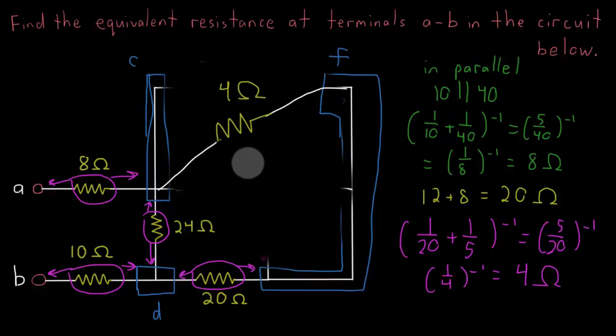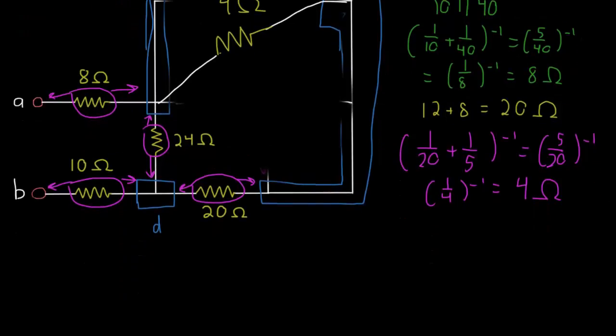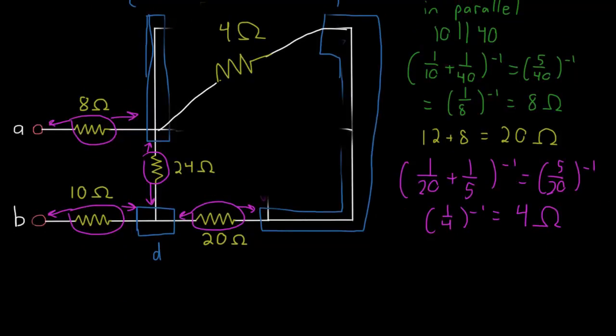Alright. And now we can do the same process and see whether there are any resistors in series or parallel. And we can actually see that this 4 ohm resistor shares node F with this 20 ohm resistor, and they share it exclusively. So these two resistors are in series. So now let's combine them. Let me scroll down for more space. So we just added those two together. So 4 plus 20 equals 24 ohms.